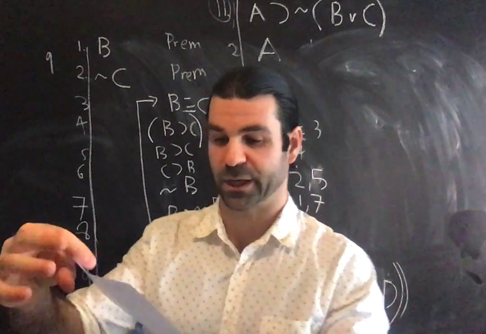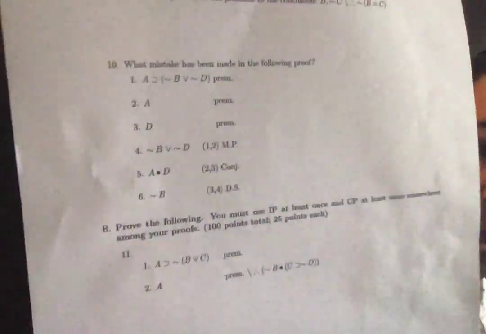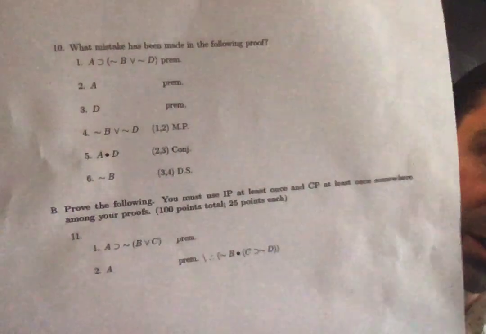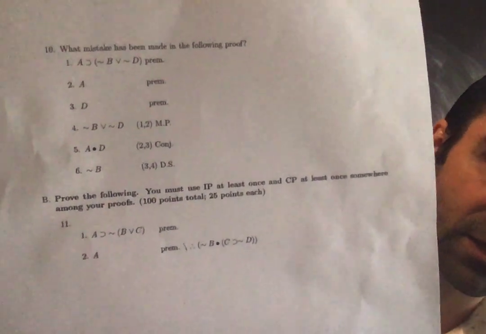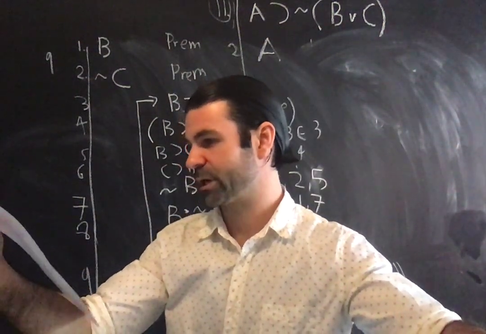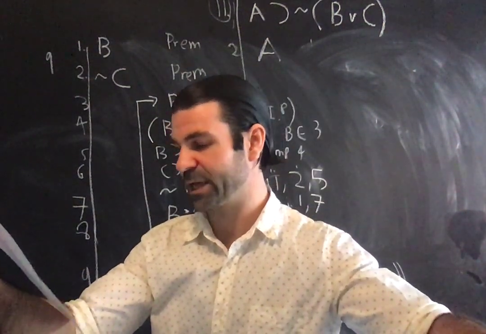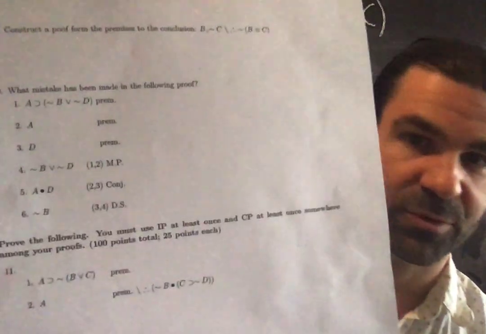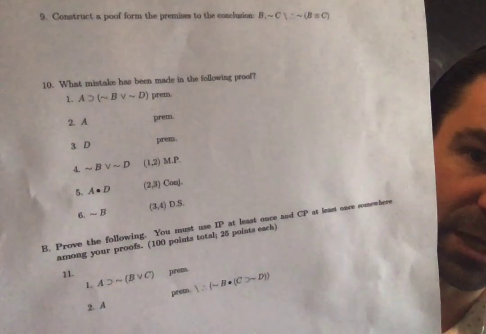Step 6 saying that 3 and 4 disjunctive syllogism. That is incorrect because D is not the negation of the second disjunct, right? Step 3, D is not the negation of the second disjunct.